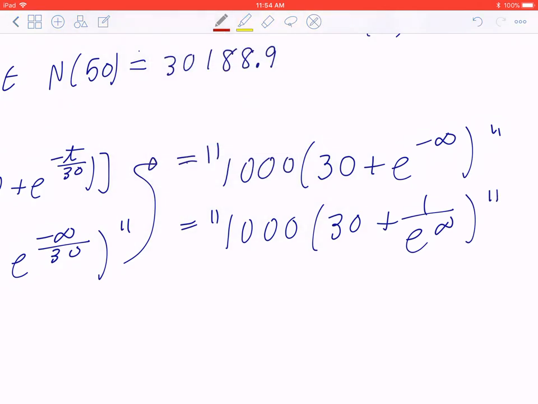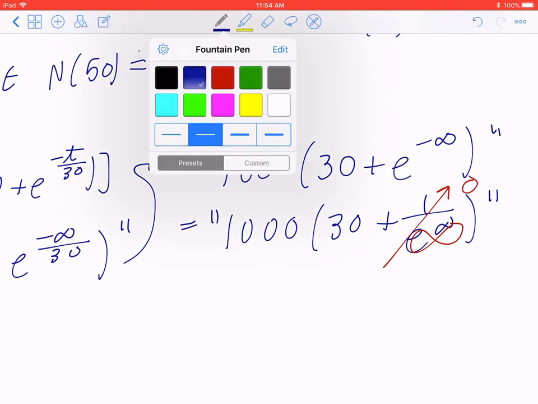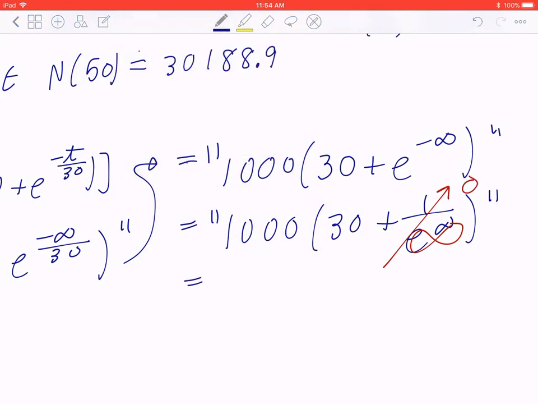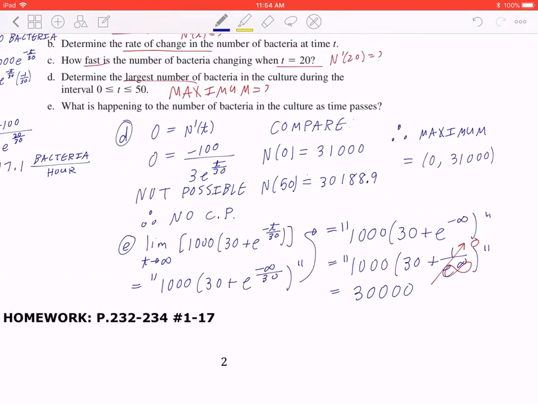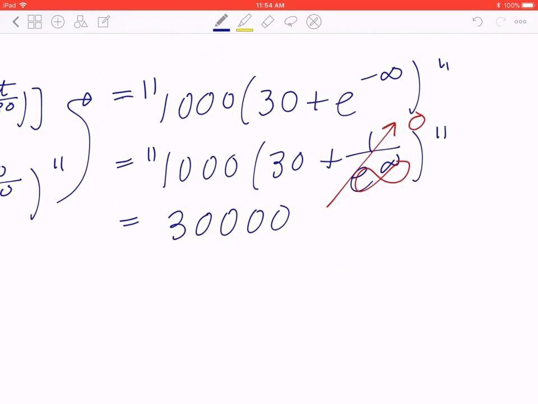E to the power of infinity is basically infinity in the world of limits. 1 over infinity in the world of limits will approach 0. So ultimately, this will give you 1,000 times 30, which is 30,000 as your final answer. So what is happening to the number of bacteria in the culture as time passes is that it approaches 30,000 bacteria.